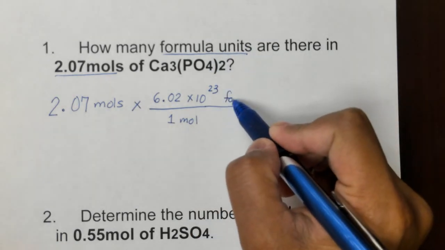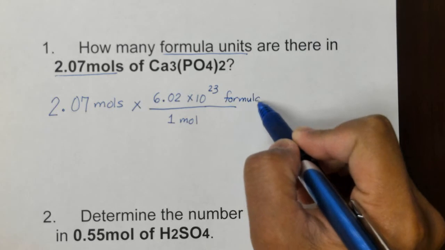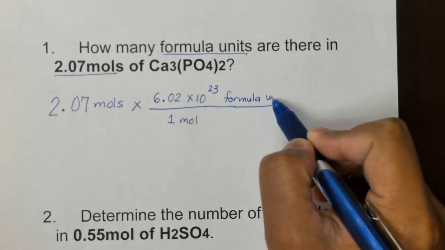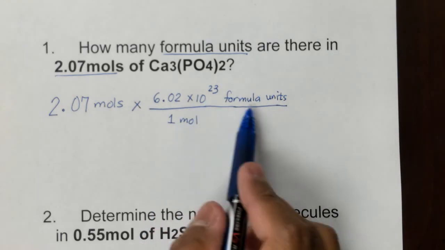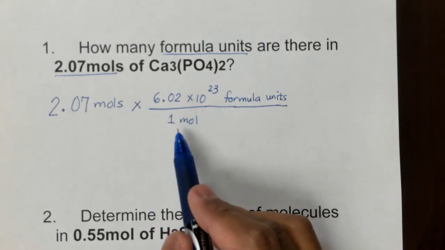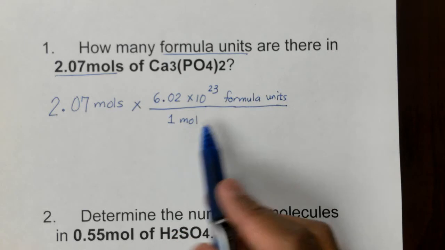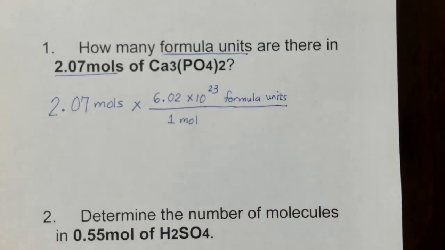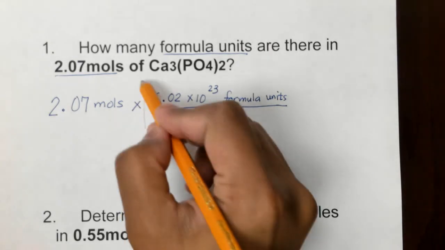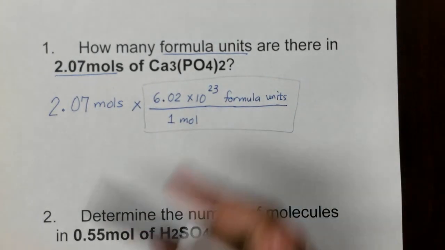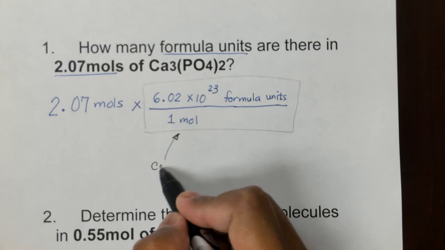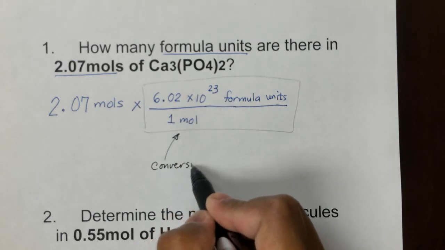So we're going to use that as our unit for Ca3(PO4)2. So that's 6.02 times 10 to the 23 formula units, and that's equivalent to 1 mole. Let me box this to emphasize. This will serve as our conversion factor.